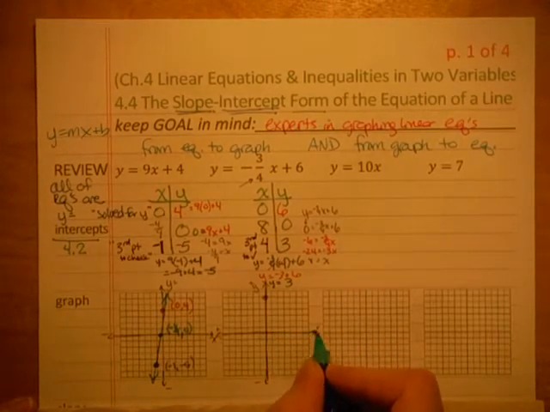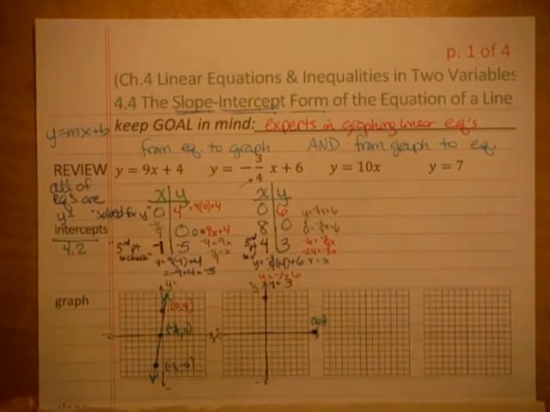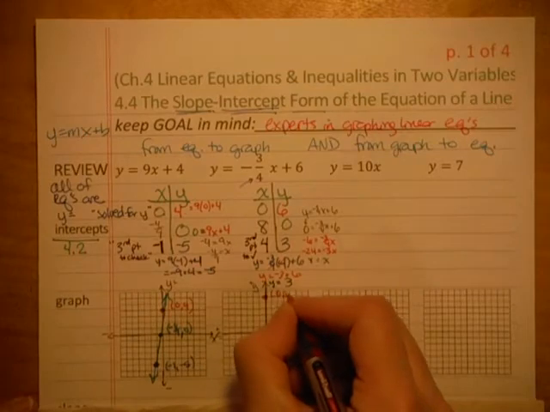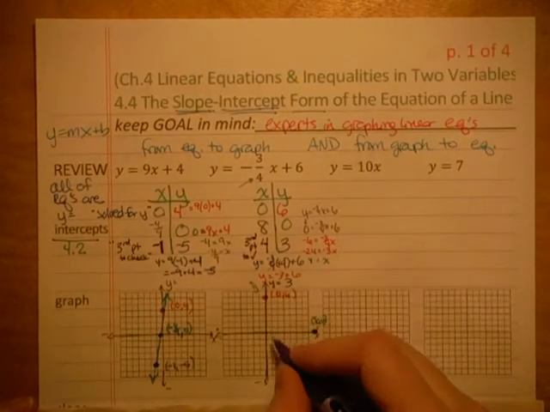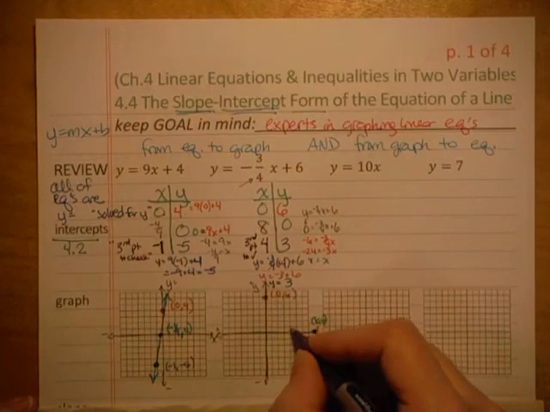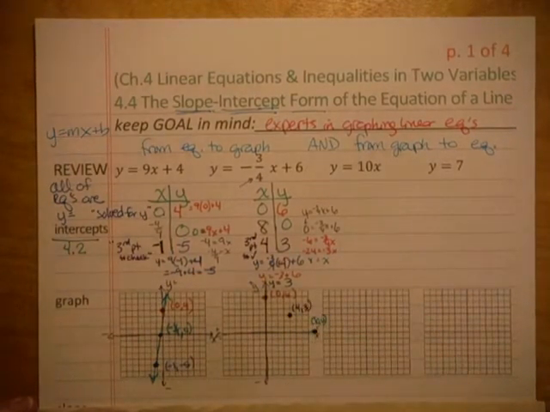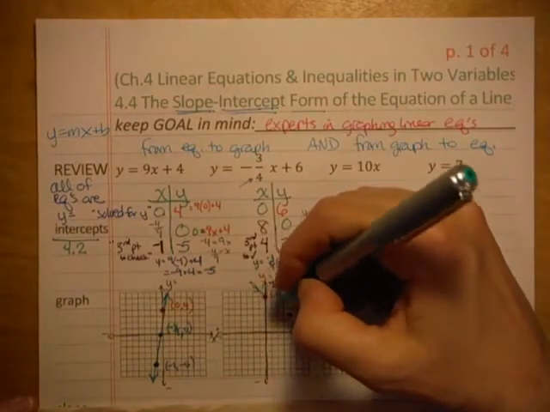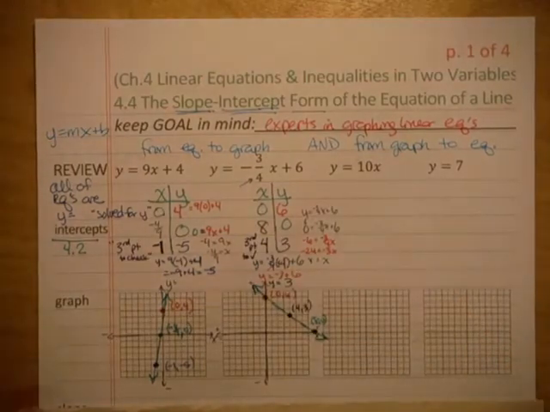Oh, I'm a little off the grid there at 8, 0. There's my 2 intercepts. So that third point is coming in handy again, just to make sure I'm right on the line here. 4, 3: to the right 4 and up 3. And now I can connect those dots. Okay, so there's my third graph.